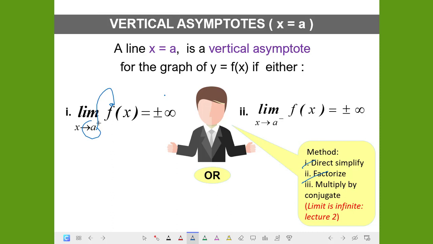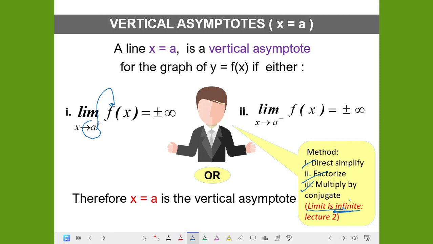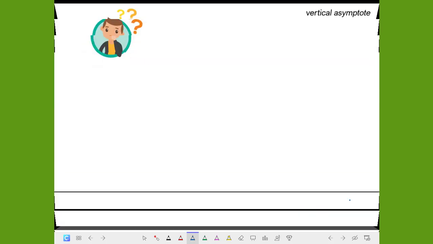For polynomial over polynomial, you factorize, cancel, simplify, then get the asymptote. Or multiply by the conjugate. This is in lecture 2, limits at infinity. Therefore, x equals a is a vertical asymptote.